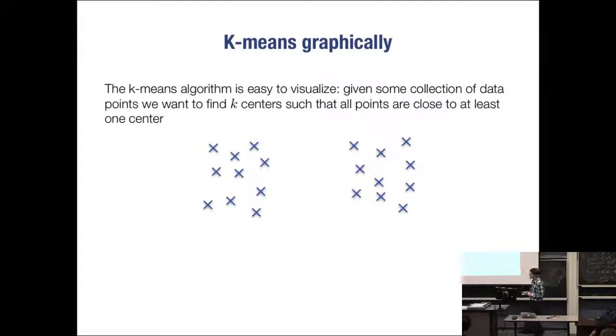So for example, if we have these points here, it's kind of obvious, but I would pick these two centers. I'd pick one center that is close to all those points, one center that's close to all those points. And the way we view this graphically is we highlight the points by the center that they belong to, the center that they are closest to, they will get the color of that center.